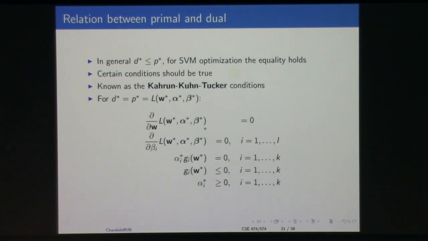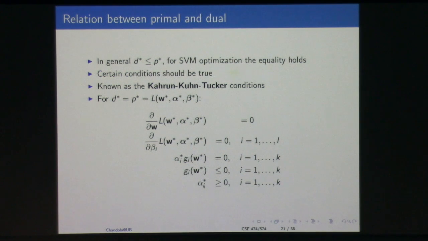For example, this is nothing but the condition that we use to solve our optimization: the partial derivative of your objective function at W is 0. The partial derivative of your objective function with respect to all of your betas will be 0, because that's how we define it.